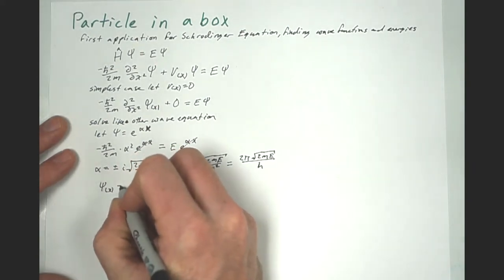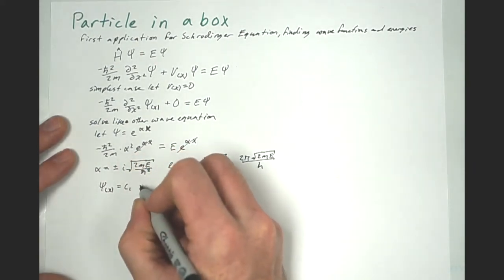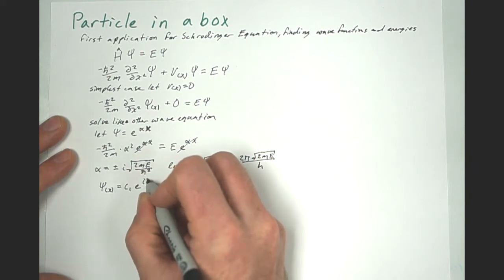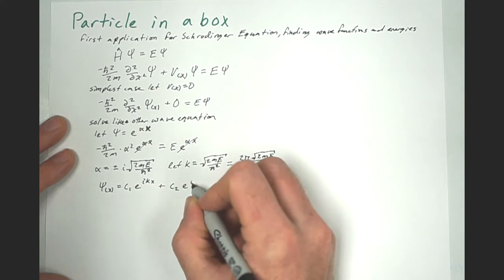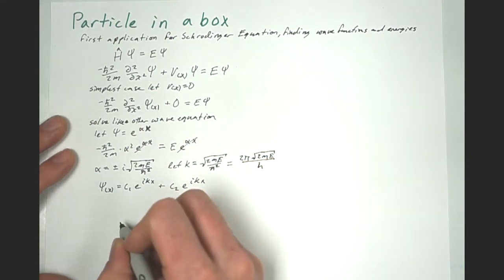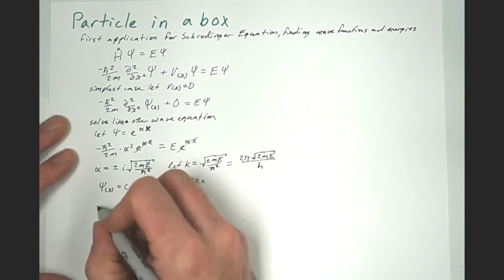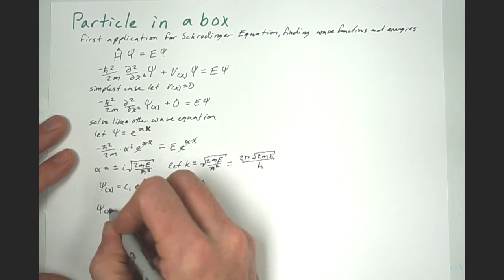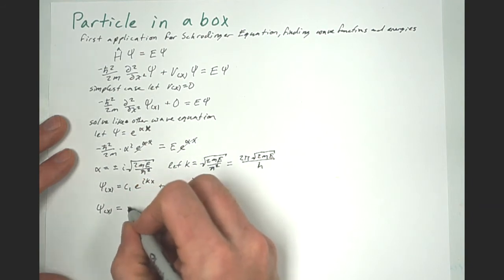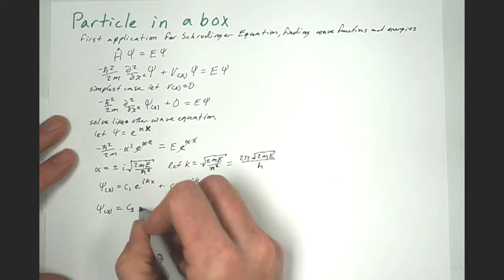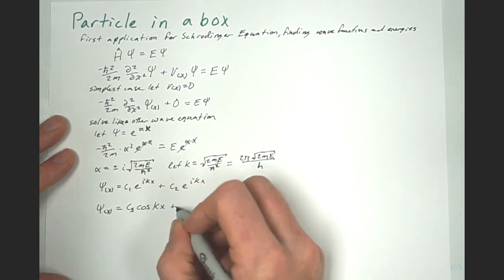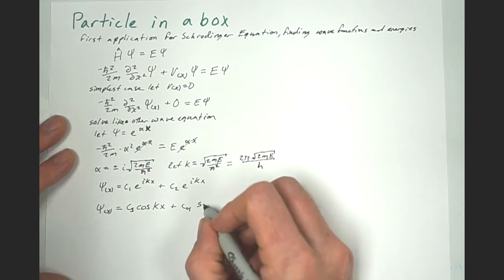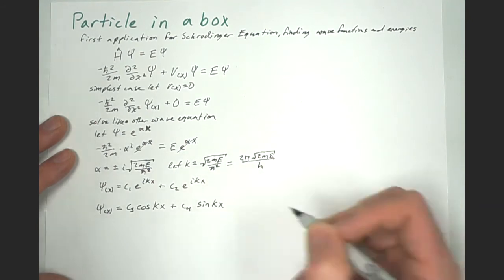Psi of x equals c1 e to the ikx plus c2 e to the minus ikx, or expressed as sines and cosines, c3 cosine kx plus c4 sine kx.